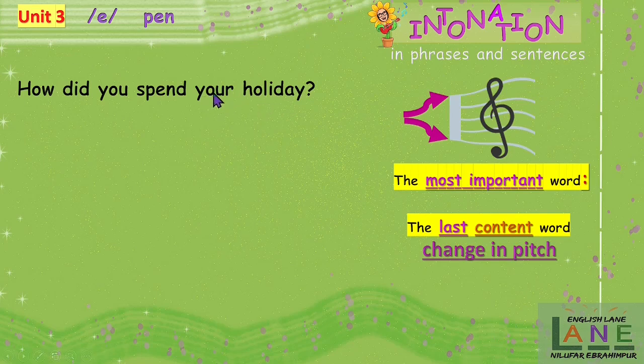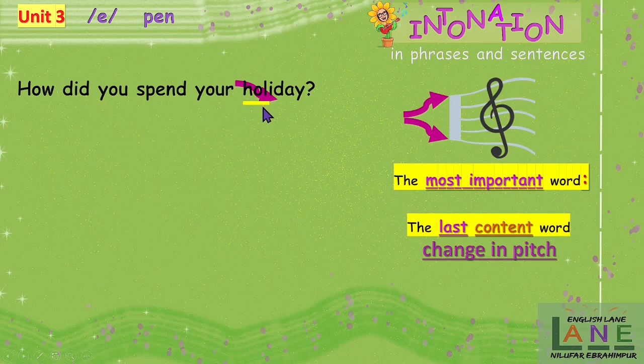This is function word, content, function, function, content. And at the end, this word is our most important word. Where's the stress on this word? Holiday. Hol. That's right. So, where should we start the change in pitch? The stressed syllable in that important, last content word. On that syllable, the stressed one. Okay. Holiday, holiday.